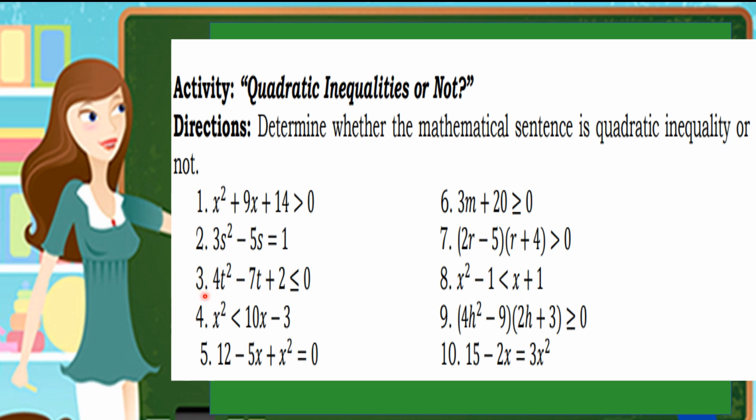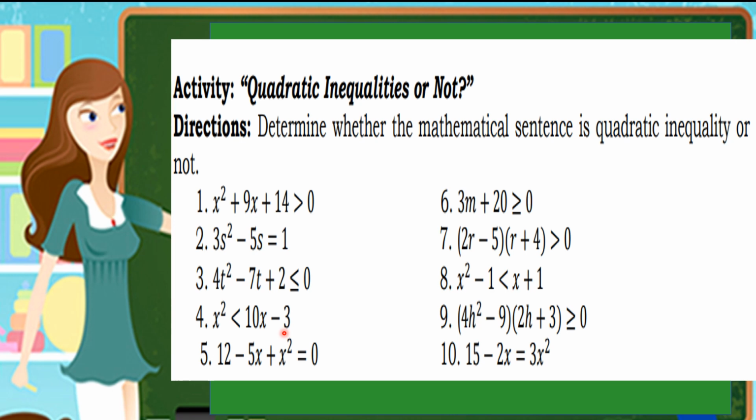Next, number 3. 4t squared minus 7t plus 2 less than or equal to 0. Okay, this is an example of quadratic inequalities because of the symbol less than or equal to. Next, number 4. We have x squared is less than 10x minus 3.